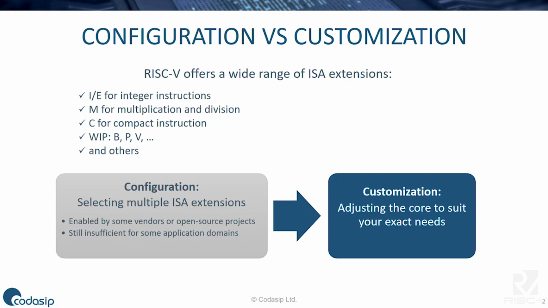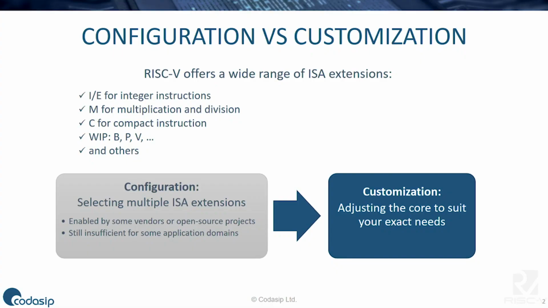Now, let me talk about configuration and customization and what they mean in the CODASIP world. By configuration, we mean that we have already written and developed certain instruction set extensions, things like the integer set, the multiplication and division set, or the compact instruction set.